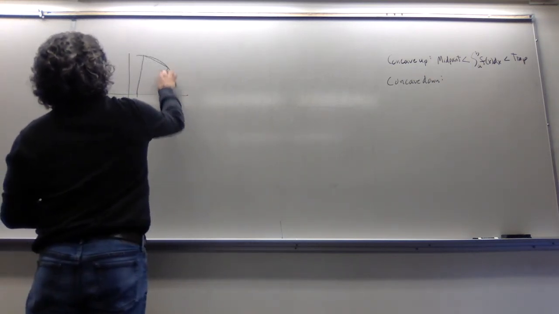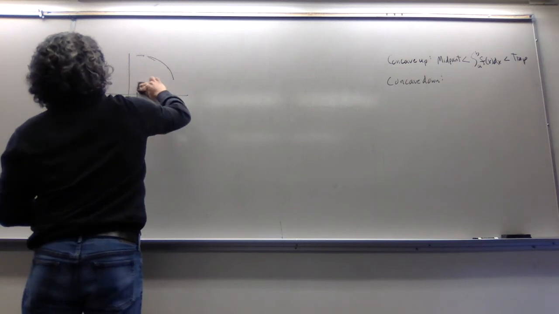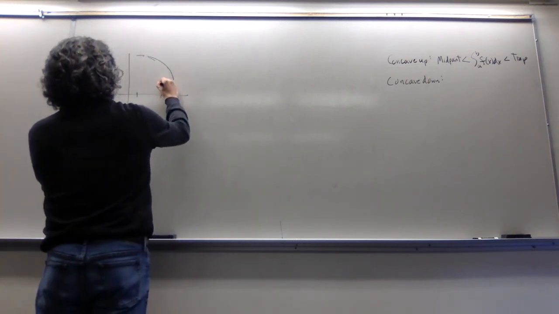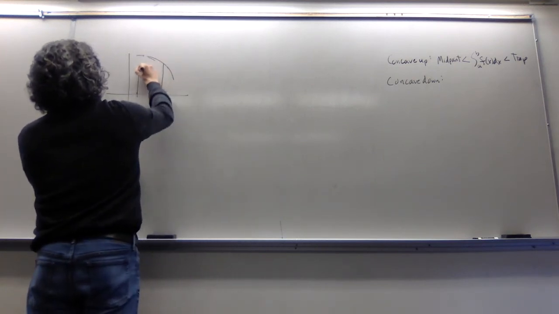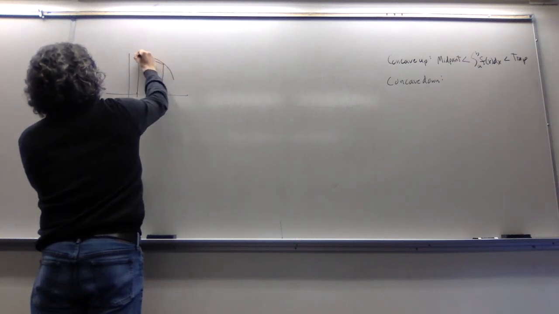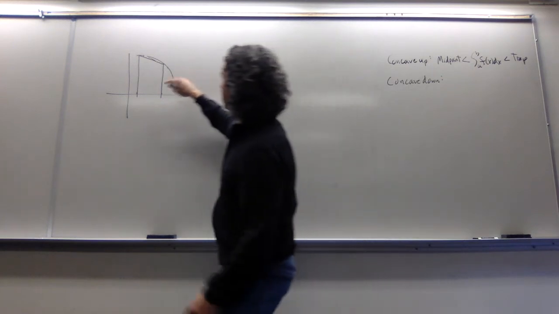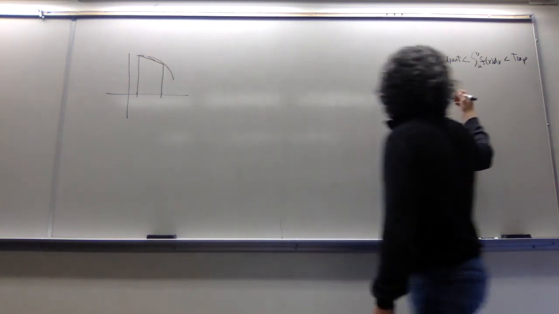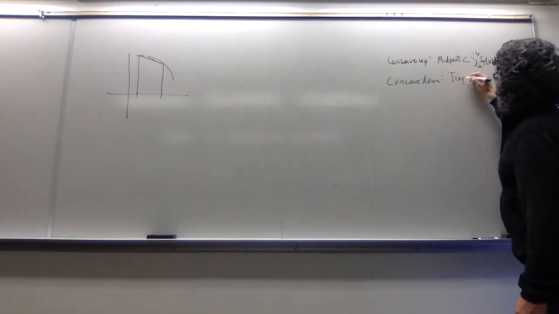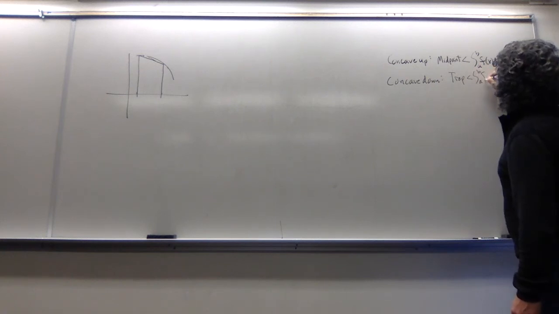Sorry, that could have been straighter. Drawing at an angle is never advised. Better trapezoid. Okay, so once again, from this picture, we can see that we're going to underestimate using the trapezoid rule.